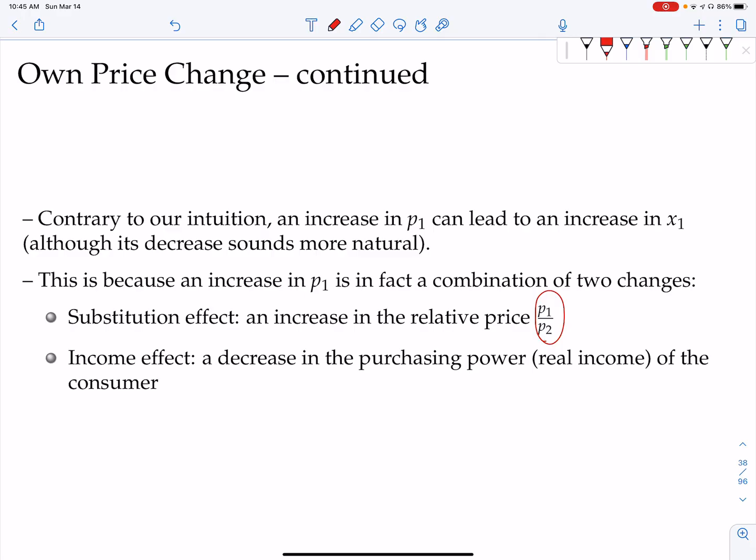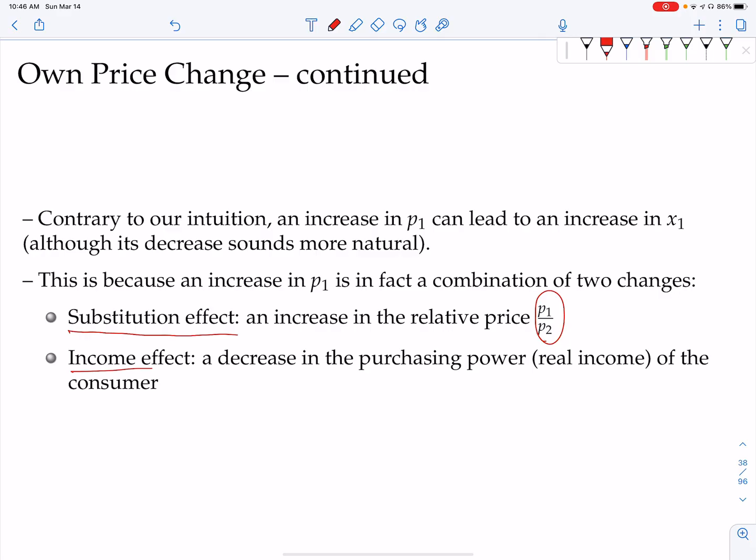I'm not saying you're eating more meat than potato. I'm just saying that compared to the previous year, you're eating more meat and less of the potato. That's something very natural we can think of. So basically, we're substituting the potato with the meat.